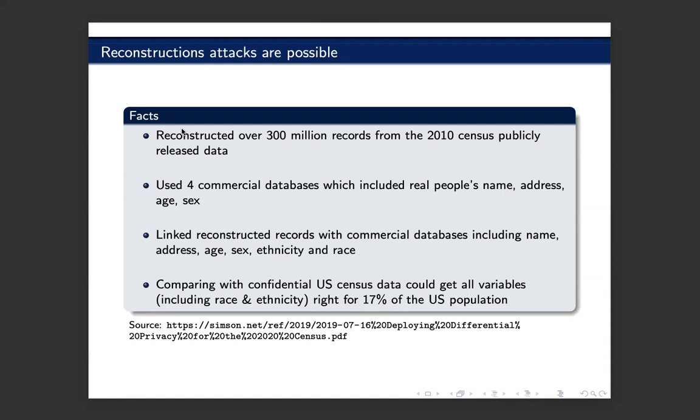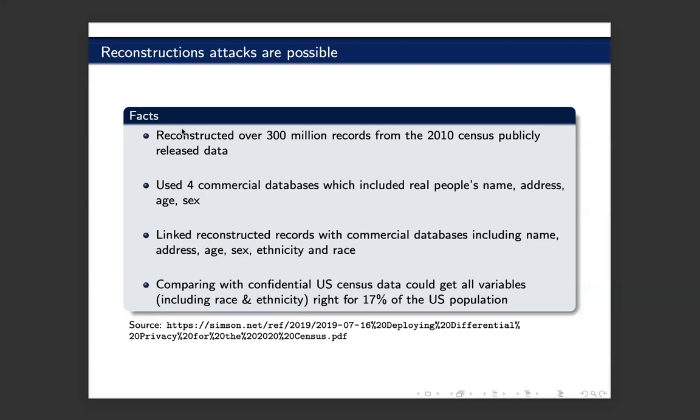They cross-referenced what they reconstructed from census with commercial databases, and they were able to exactly recover the race and ethnicity of 17% of the population. Basically this is this person with this age, sex, address, with this ethnicity and race, which they said is not acceptable, and amounts to about 50 million people.